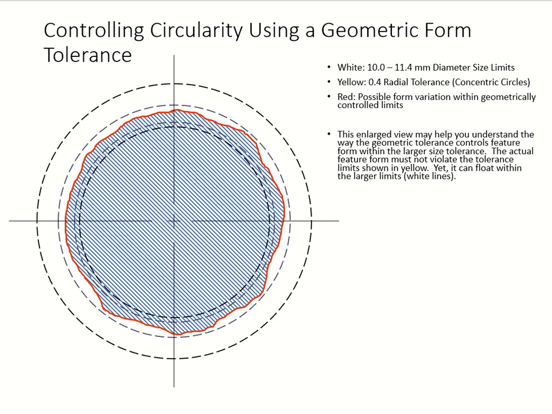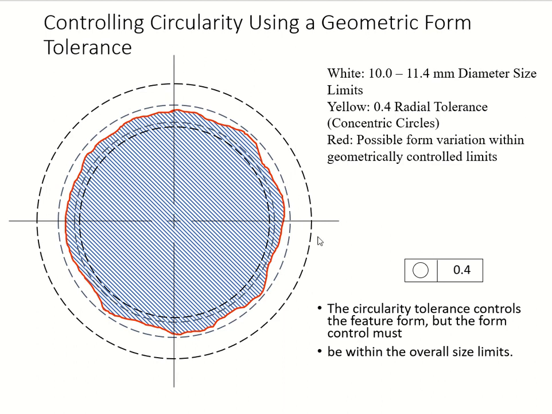All right, now this is just showing you that your circularity tolerance controls the feature, and your form tolerance is going to be within the overall size limits. This is just a legend, but of course, in our printable handout, we make it black and white, so pardon me for this.